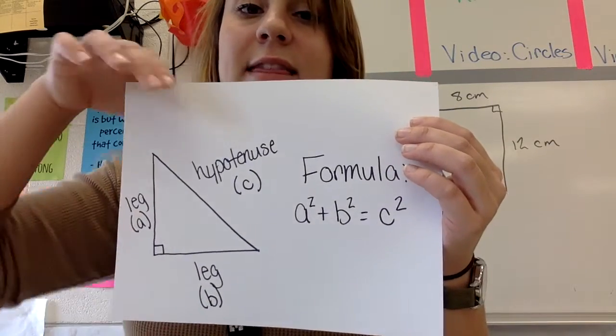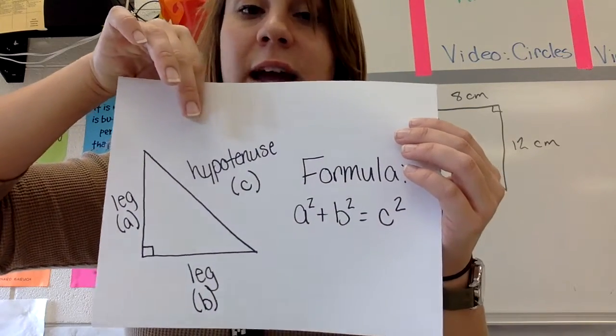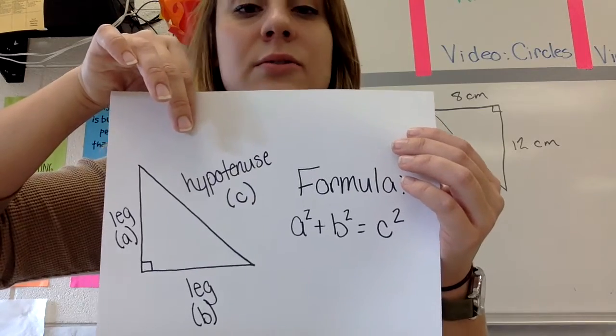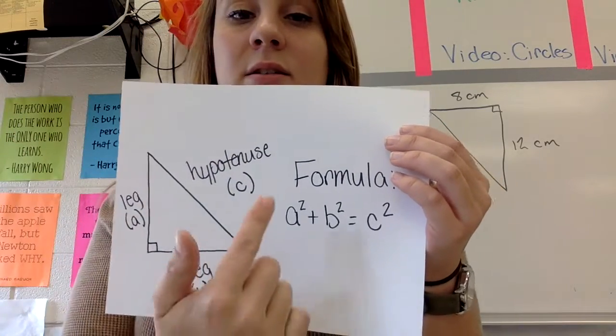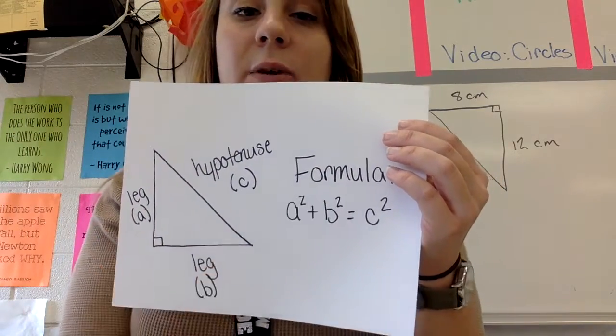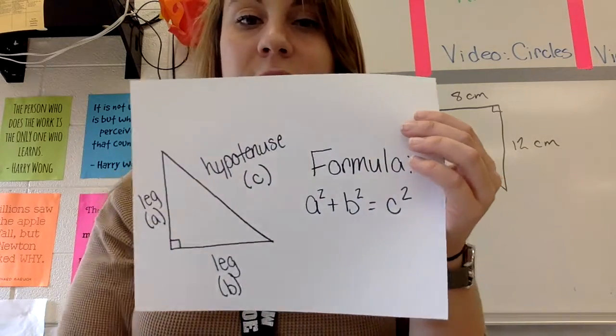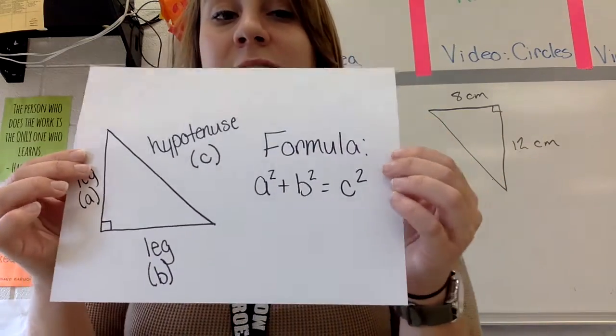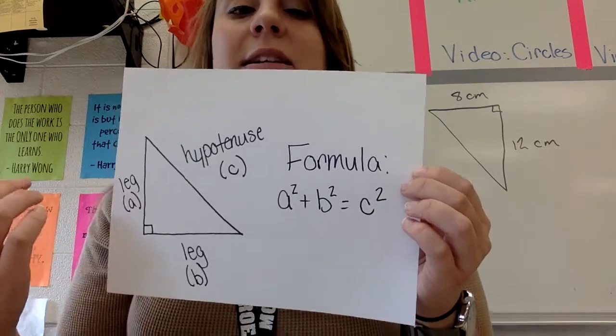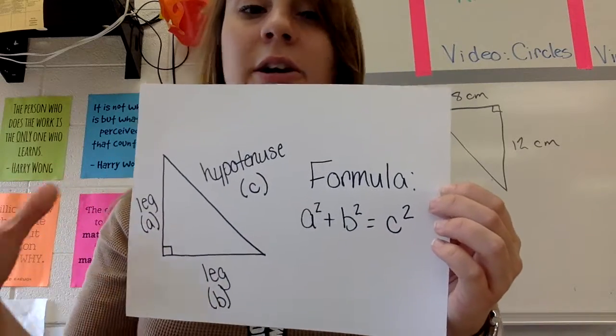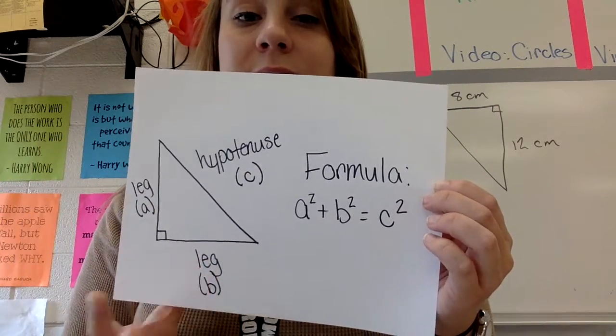All right? And then the longest side of the triangle is called the hypotenuse. And we label that with the letter C. And we're going to get a formal definition for the hypotenuse in a second. All right? But just so you know, if I ask you what's the leg of the triangle, it's one of the short sides. All right?